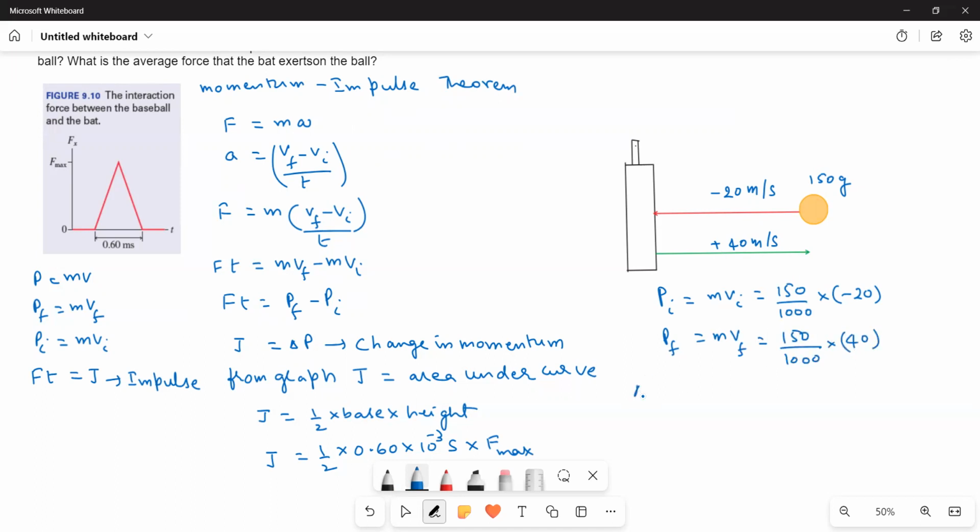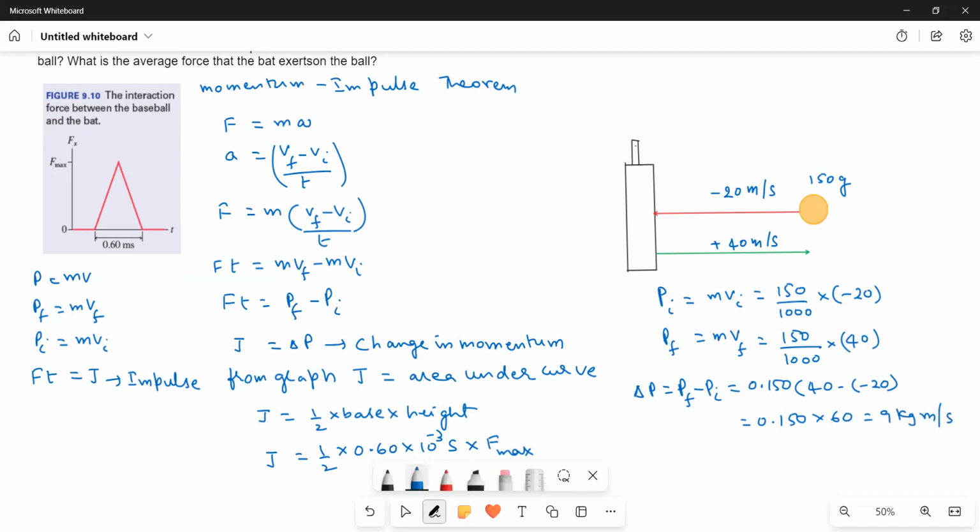Therefore, delta P is equal to Pf minus Pi, which is 0.150 times 40 minus of minus 20. So this is equal to 0.150 into 60. This gives 9 kilogram meter per second.